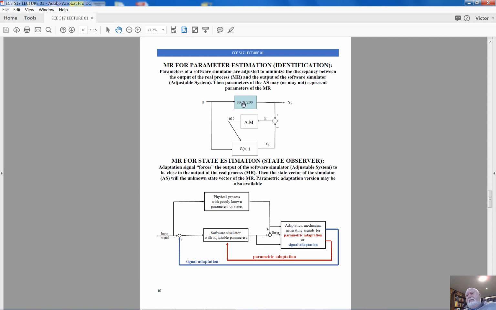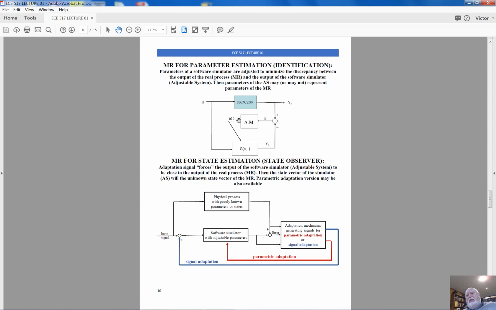So one way or another, we apply signal U to this real physical process. We monitor the response of this physical process. We apply exactly the same signal to the simulator with adjustable parameters. We monitor the response of the simulator. The response of the simulator is expected to be different from the response of the real process.